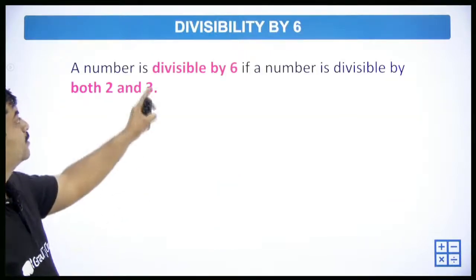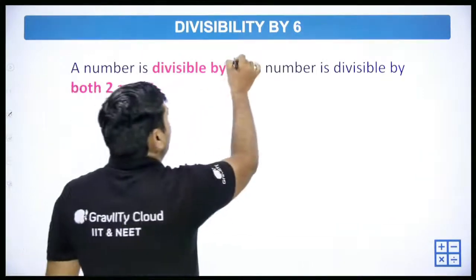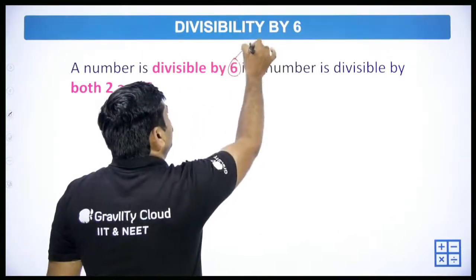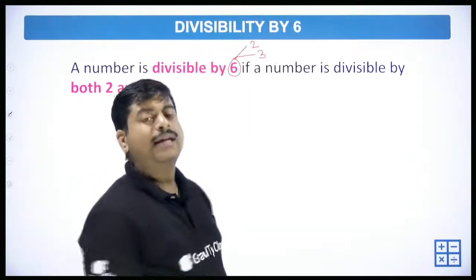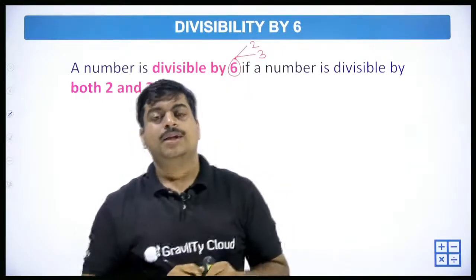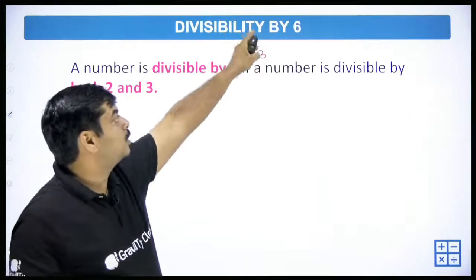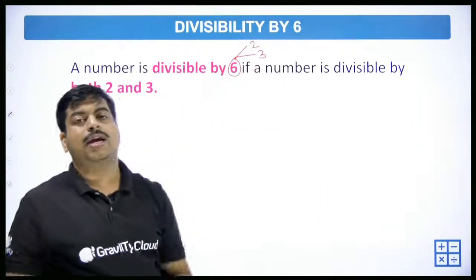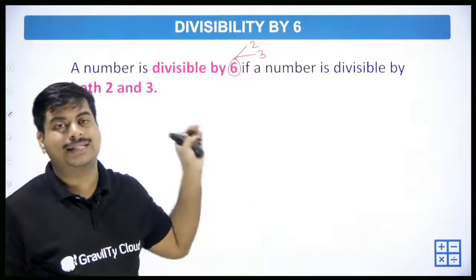A number is divisible by 6. Now, when I discuss 6, I know 6 can be written as 2 into 3. Those two, 2 and 3, are prime numbers. So I can say that if a number is divisible by both 2 and 3, it will definitely be divisible by 6.